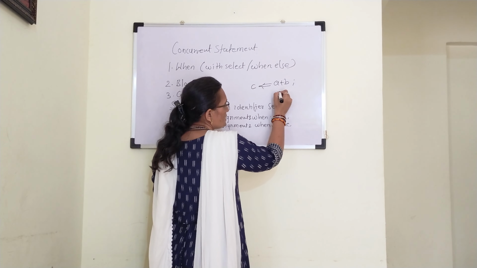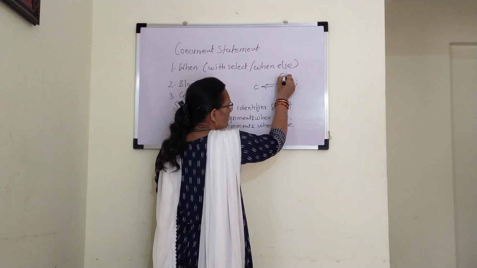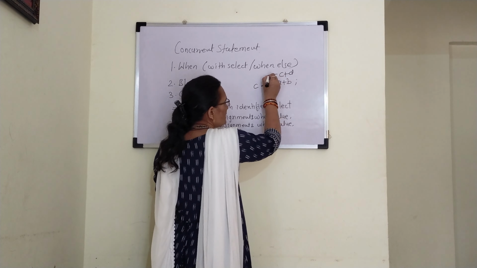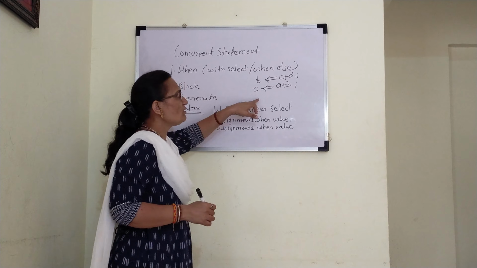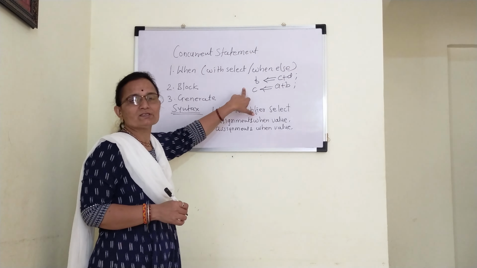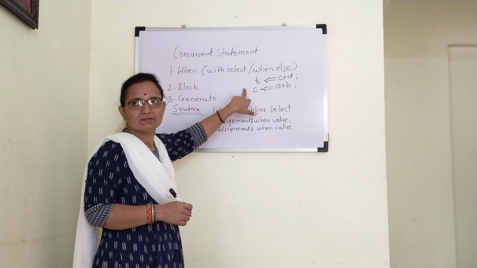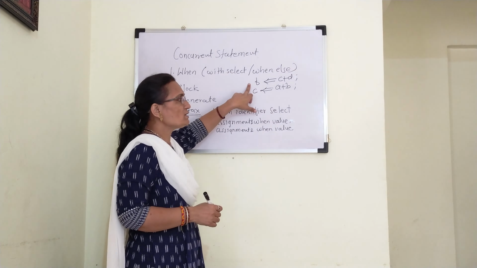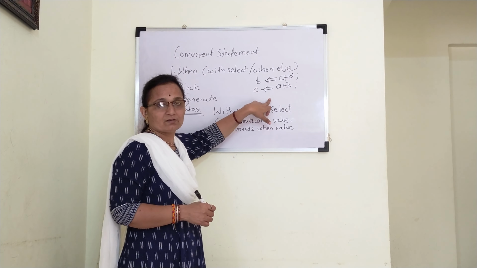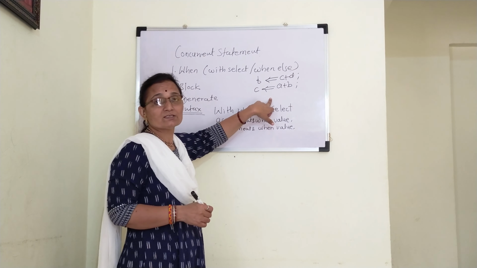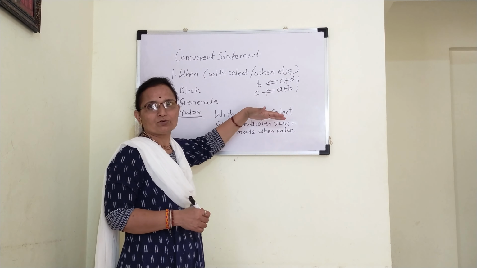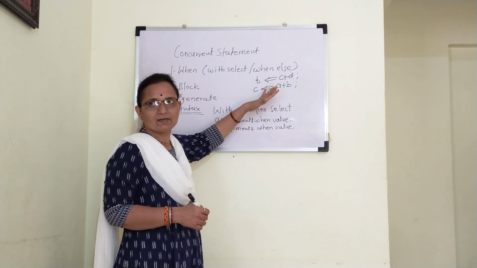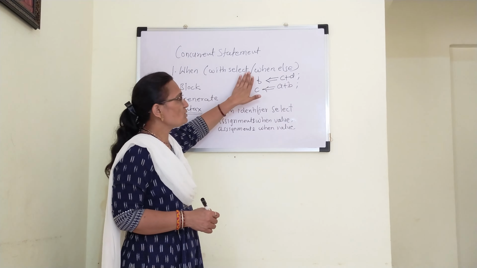And C plus D is assigned to F. Here I am not following the sequence. All statements are executed simultaneously. Each statement is not dependent on another statement. It means there is no dependency. Every statement is going to be executed separately. So this is your concurrent statement.